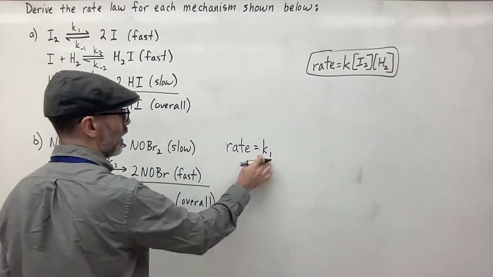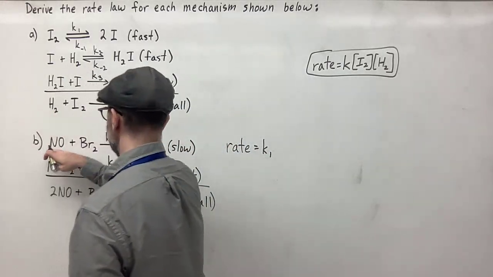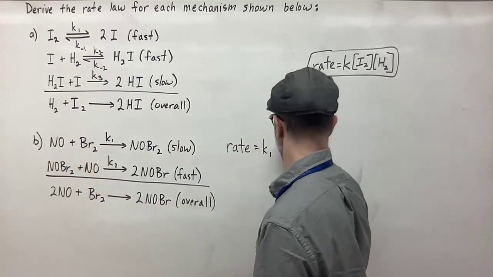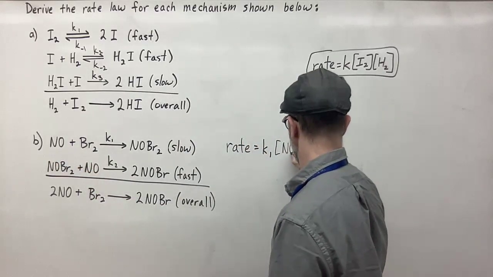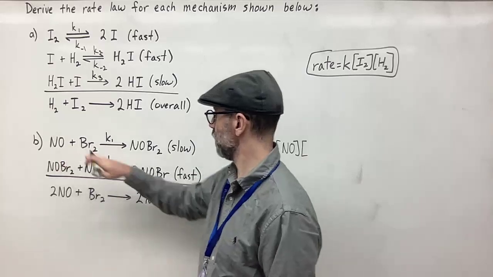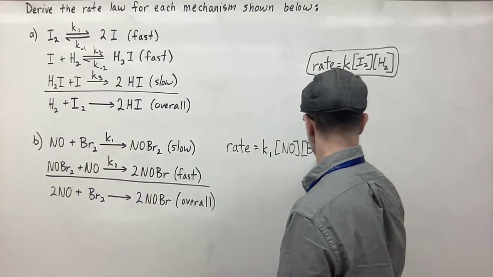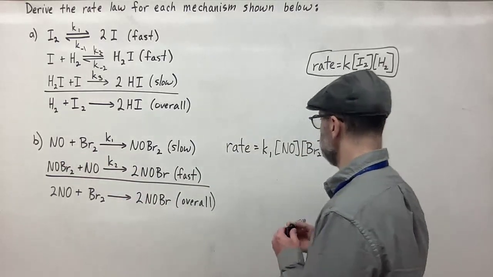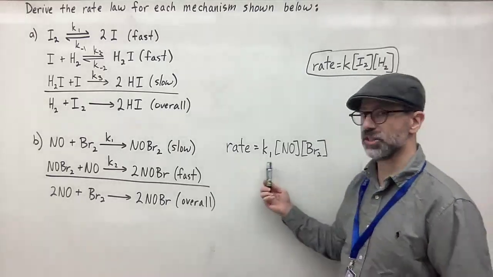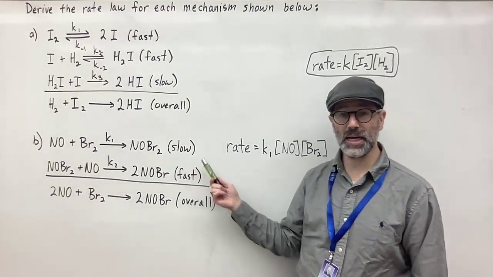The rate is equal to K1 times the concentration of NO times the concentration of Br2. So this is the way we would write the rate law for this step here.